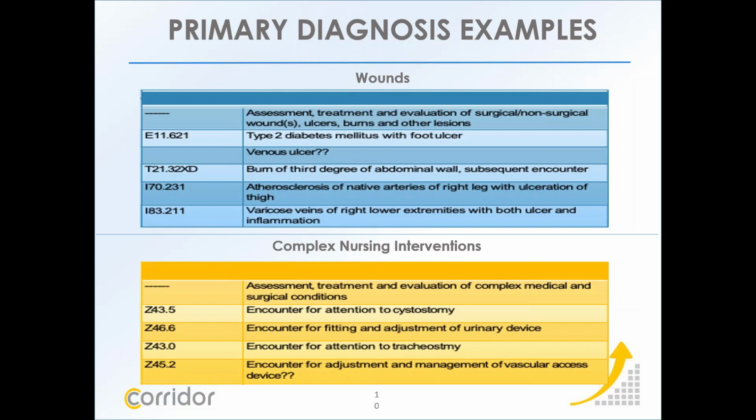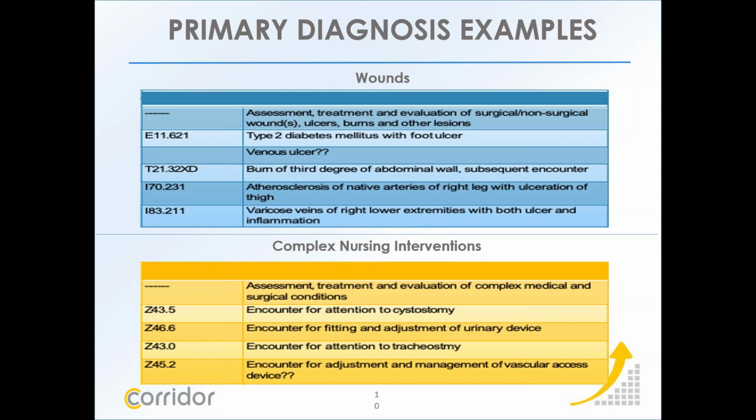Next slide, please. Now, wounds is where it starts to get a little crazy. For things like diabetic ulcers, I would see here the E11.621 code. That's a diabetic patient with a foot ulcer, and that's easily going to put you into the wound category. But notice the question mark next to venous ulcers.